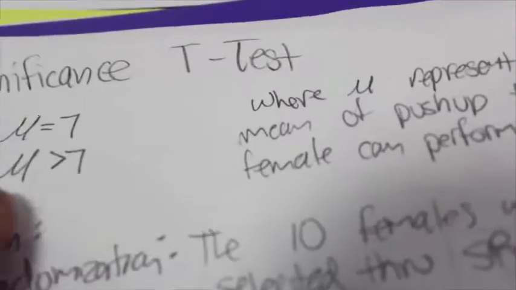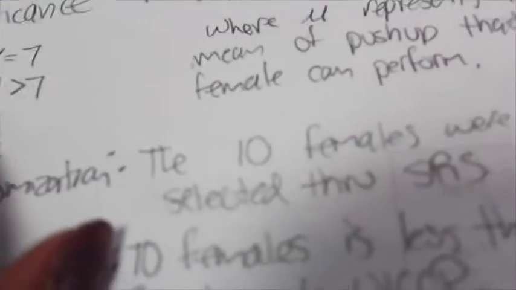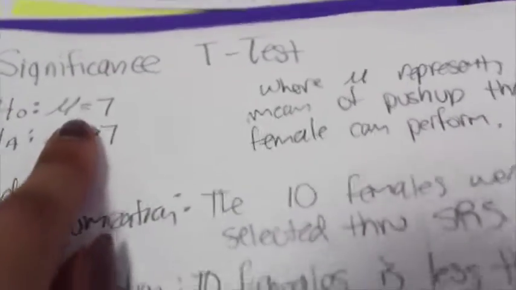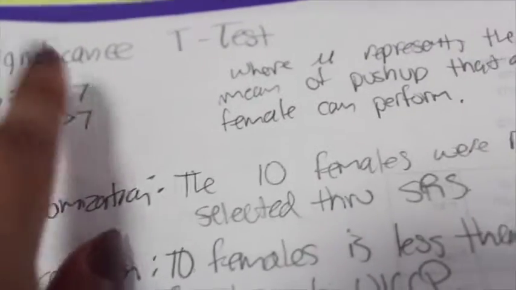And our significance test showed that we reject the null hypothesis, which is that the UICCP female performs 7 push-ups. So the results did match. We concluded today that the average UICCP female performs less than 7 push-ups.